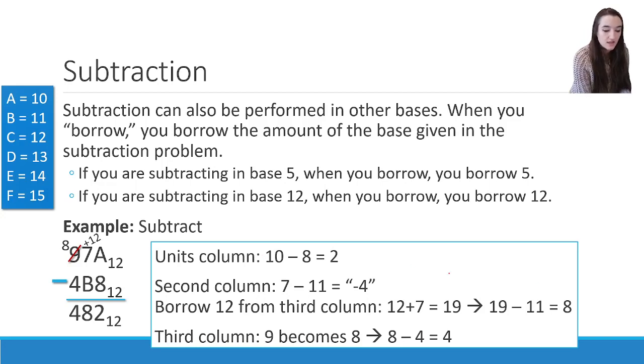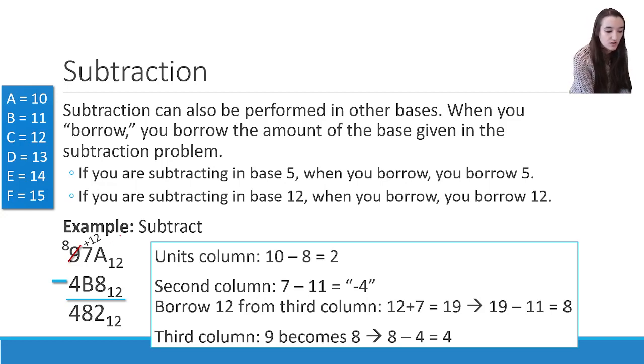So again, the main thing to remember in subtracting, most of it is nice. We don't actually have to do any conversion. It's just general subtracting. And if all of our top numbers are bigger than our bottom numbers, everything works out nicely. We don't even have to think about the fact that we're in another base.